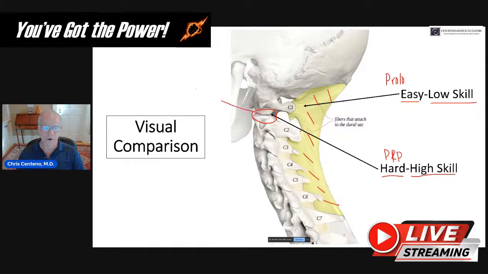So this one I've pointed to here is C1, C2. There's another one up there, which is C0, C1, and then 2, 3, 3, 4 on down. Now, getting into those joints, and especially as we've said many times before, these upper two joints requires much more technical difficulty and much more advanced skills.